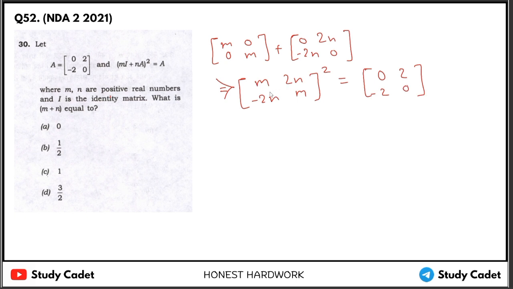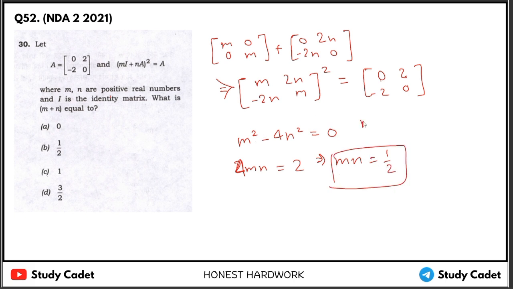So the first element will be m square minus 4n square, which is equal to 0. Now this element, row 1 column 2: 2mn plus 2mn means 4mn. 4mn is equal to 2, so mn equals 1 by 2, right?